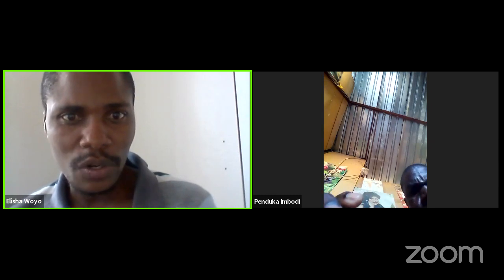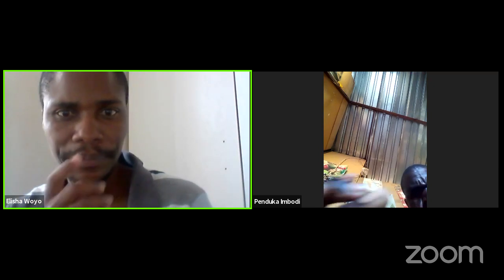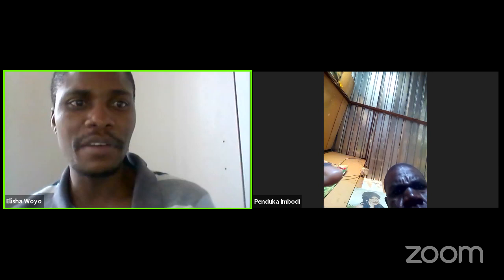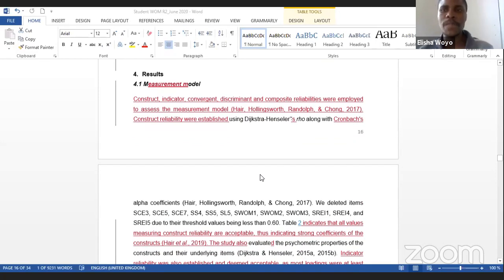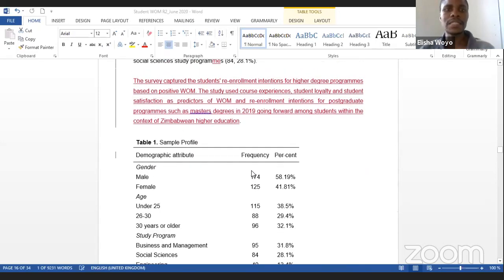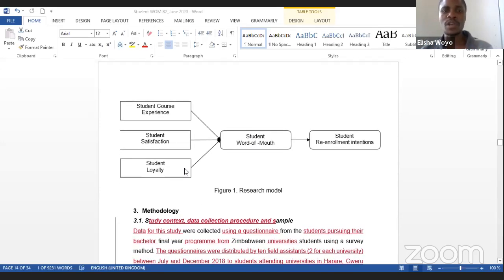Also, there was a question on whether reliability is normally measured using the Cronbach's alpha in quantitative research. And we have quite a number of things that you can use to measure that. For example, if you are using advanced statistics, like in this case, we were using structural equation modeling to test the relationships and the paths in this model that I'm showing on the screen.